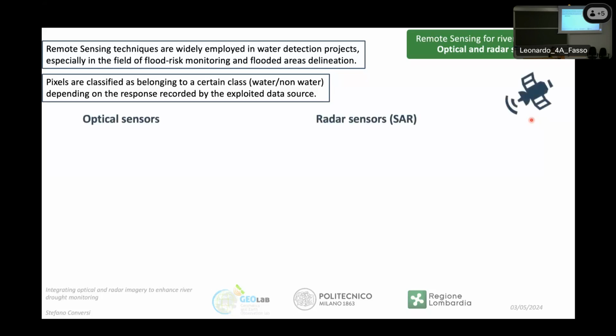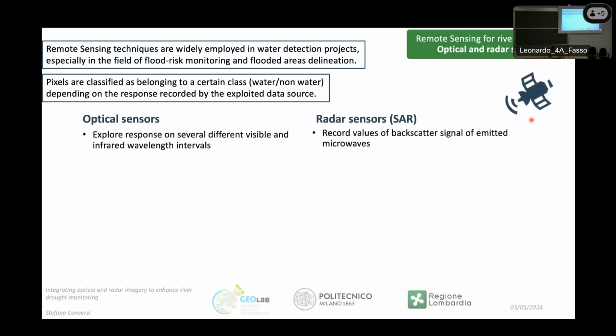As I said, we have two main categories of sensors that are used for this kind of issue. First of all, we have the optical sensors that allow us to explore different visible and infrared wavelengths for analyzing what we have. In this case, we have passive sensors, while we have the synthetic aperture radar, which is a radar sensor indeed.